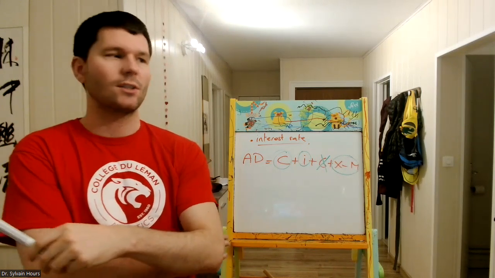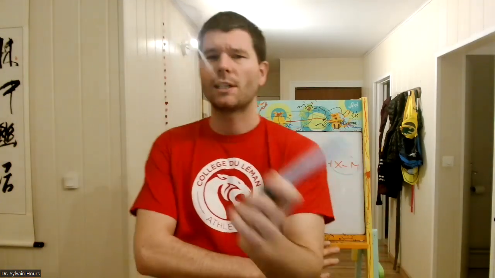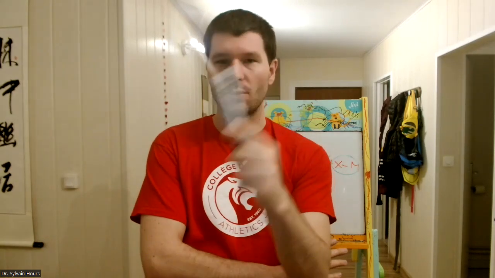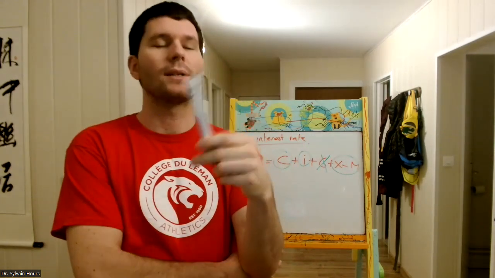because it does not set the interest rate at which people will borrow to buy a house or a car, anything like that. But the central bank can influence the interest rate by influencing the money supply. And that is something that I'm going to explain in a minute.